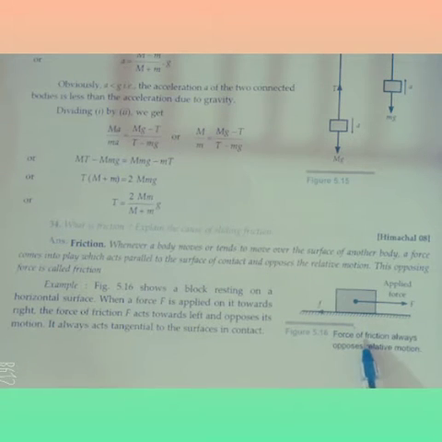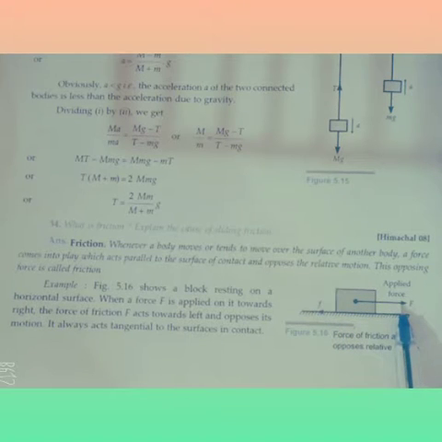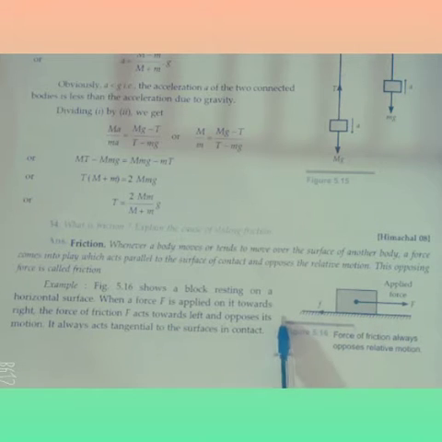Here we have to consider a figure showing a block resting on a horizontal surface. When a force F, the applied force, is applied on it towards the right, in which direction is friction developed? The friction is towards the left.